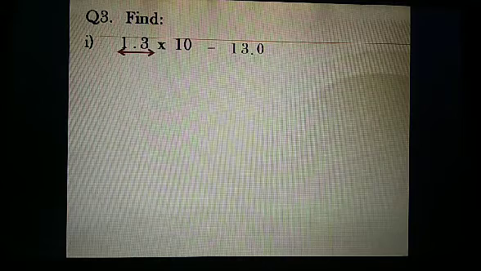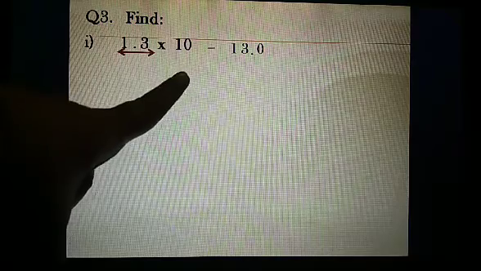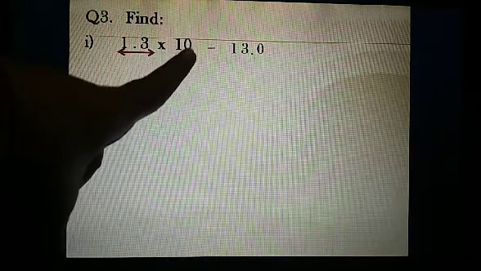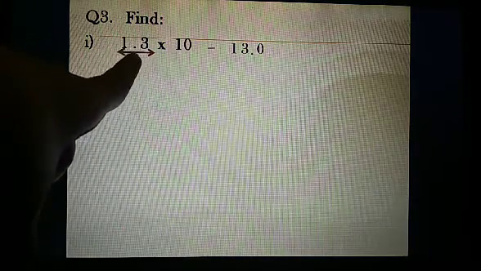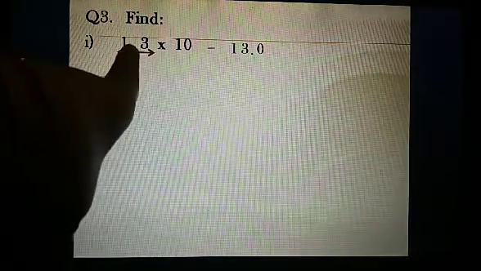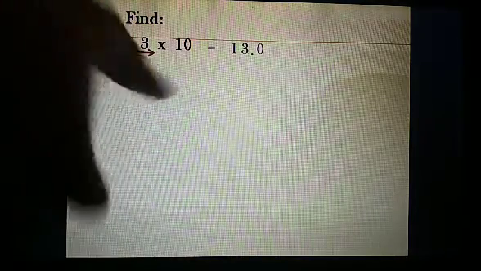Or, what we can do is, whenever a decimal number is multiplied by a multiple of 10, just see how many zeros are there. As there is 1 zero, shift this decimal 1 place right. You can see in the answer that the digit just shifted 1 place right because of this 1 zero.